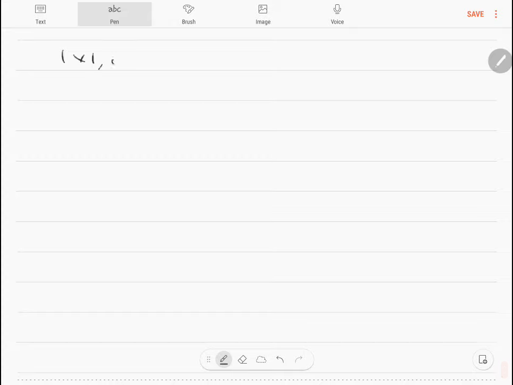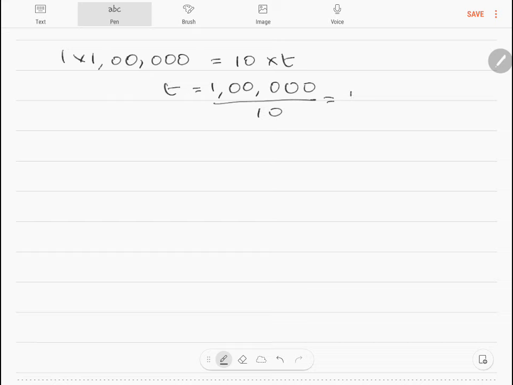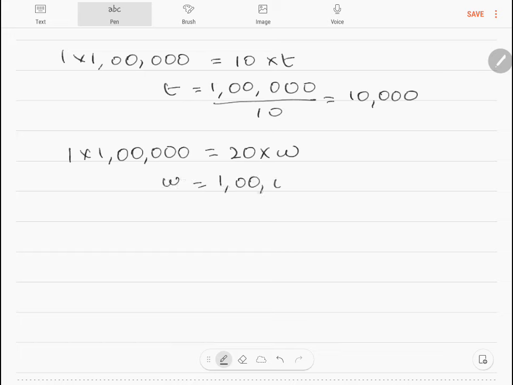So 1 into 1 lakh is equal to 10 into t. t is equal to 1 lakh by 10, which is equal to 10,000. For the next value of 20, it is 20 into, we'll have it as w. w is equal to 1 lakh by 20, and the value is 5,000.